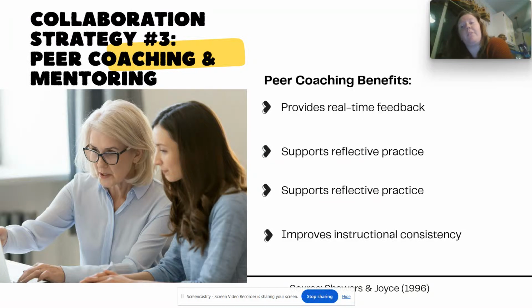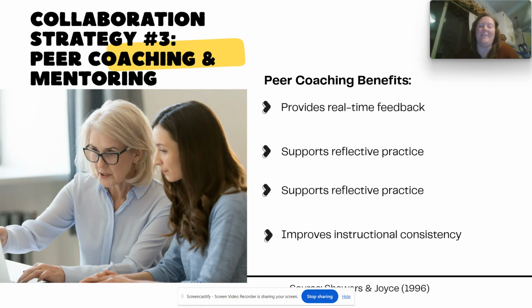Collaboration strategy number 3 is peer coaching and mentoring. So peer coaching benefits are it provides real-time feedback, supports reflective practice. We all need to be reflective of what did I do good, what do I need to do better, what am I going to change. It's on there twice, so we really need to do it.